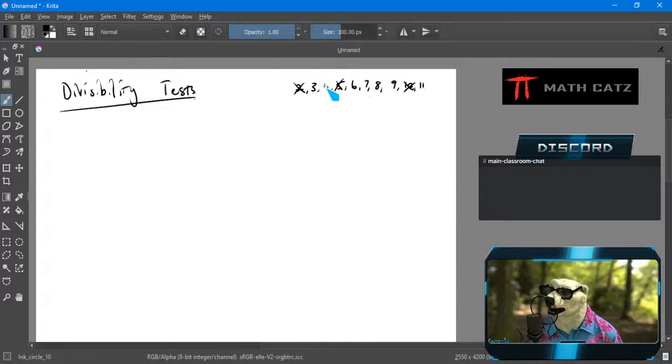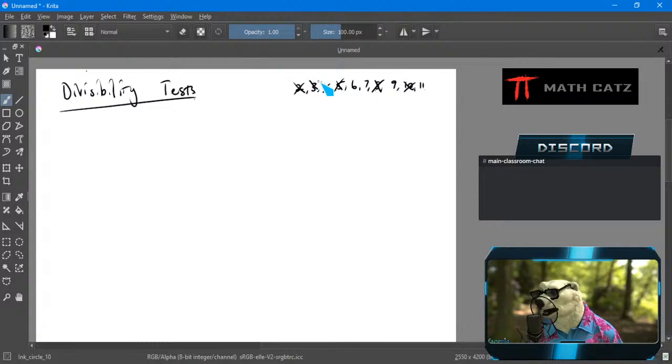We looked at 4 and 8. Notice that for 4, we need to look at the last two digits of a number and nothing else to decide if 4 can fit into that. For 8, it was similar, though not ideal. It's the last three digits, which slows me down a little bit, but it's a similar test and it does shorten the number that I have to look at, my comparison number, so to speak.